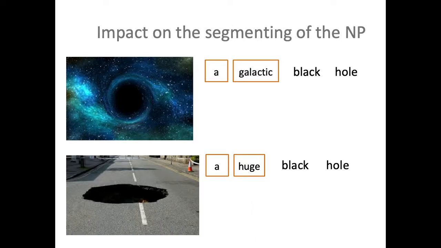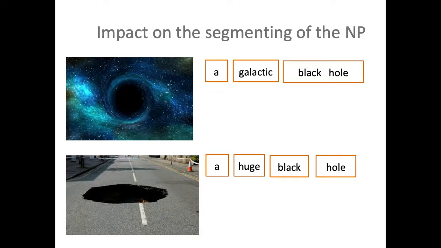Right, now another consequence of the fact that compounds function as lexical units has to do with the structure of the noun phrase. Let's look at these examples where we have a determiner, an article, a, followed by an adjective, and then black, and then hole. Well, these two noun phrases, although they appear similar on the surface, do not work the same way.